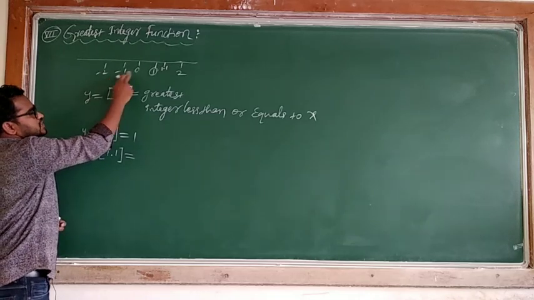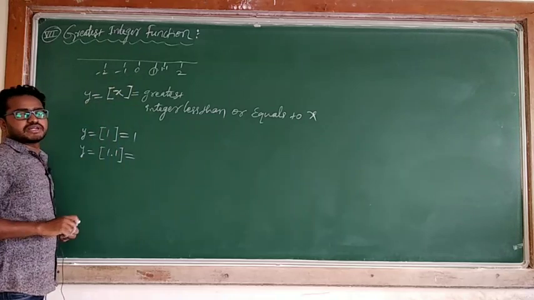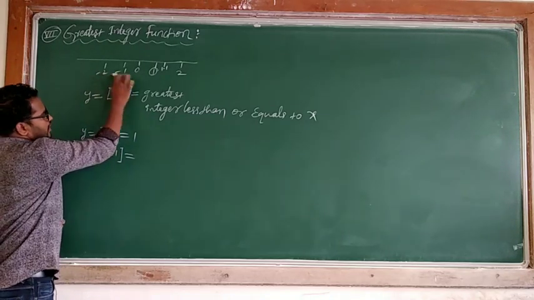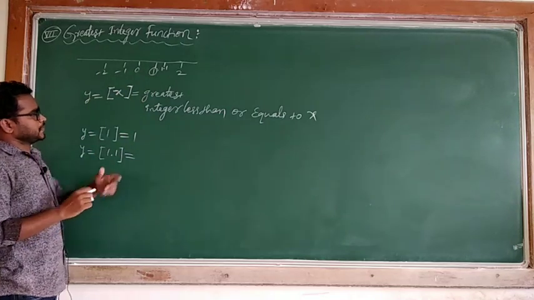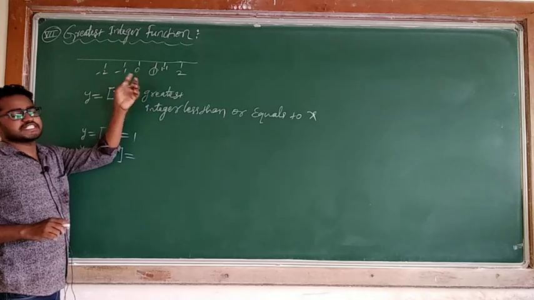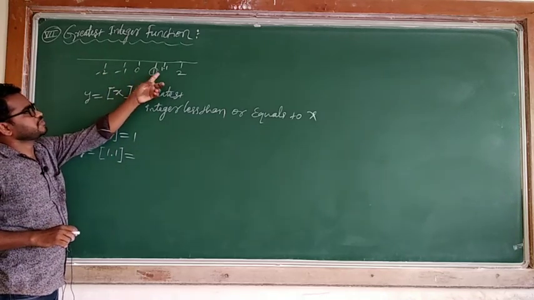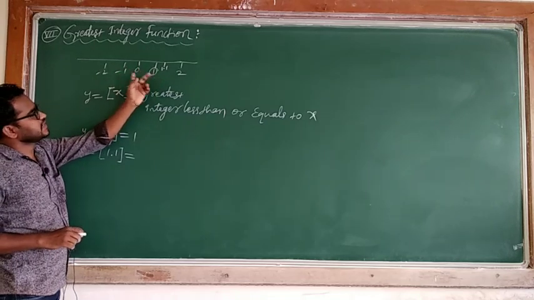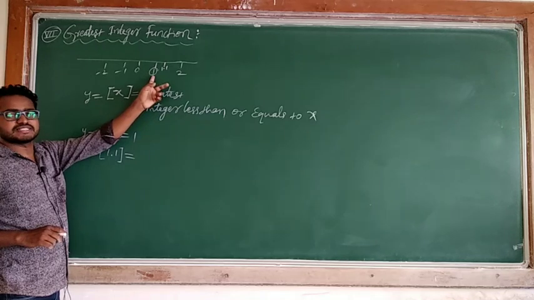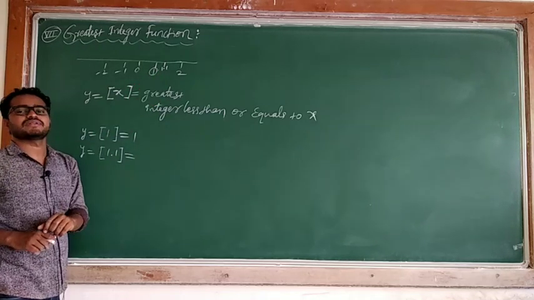Minus 1 is also an integer less than 1.1. Minus 2 is also less than 1.1. But those are not the greatest integer. These all are less than 1.1, but out of these, which is greatest, that you have to take. 1 is the greatest integer less than 1.1.